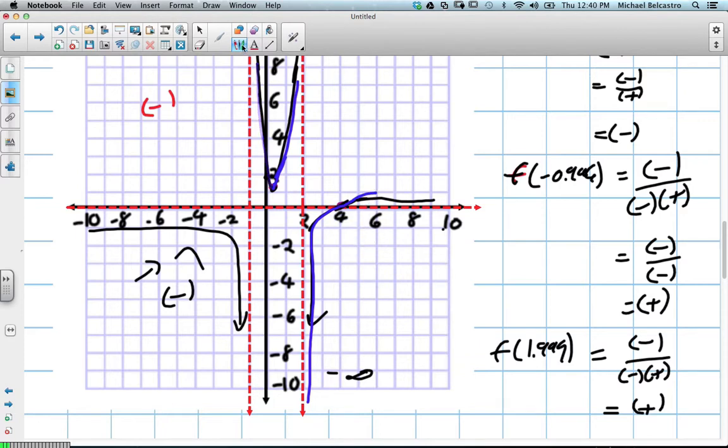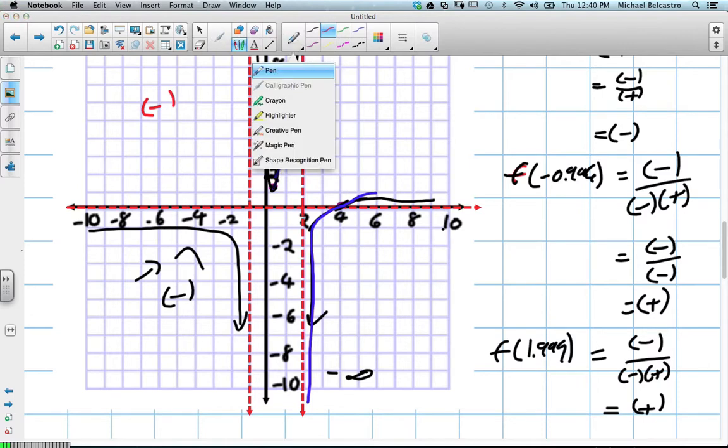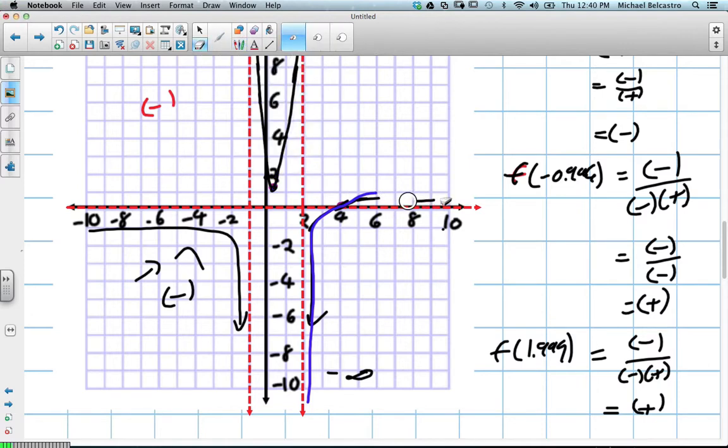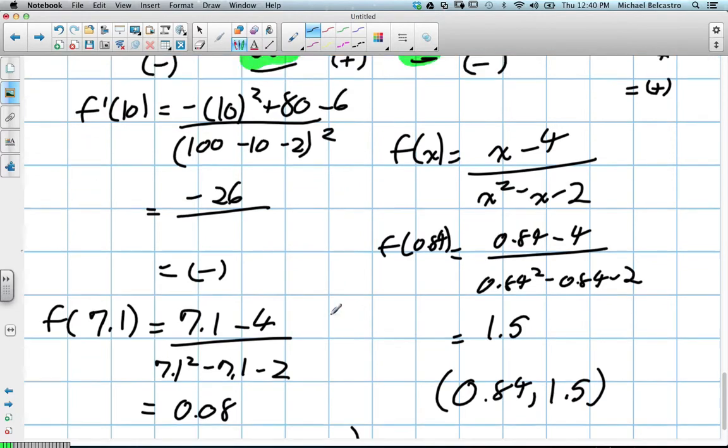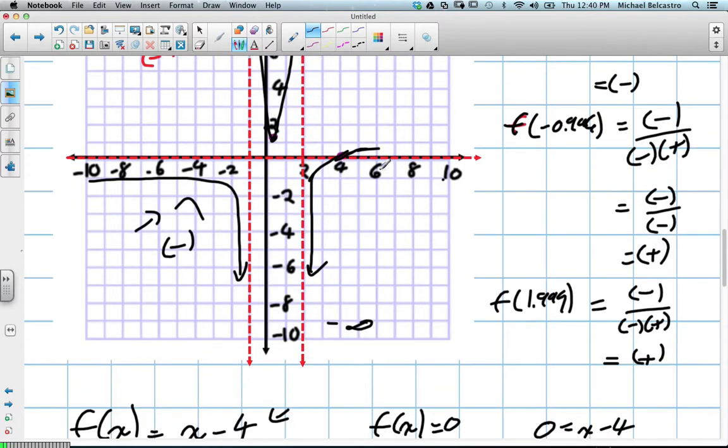And the other critical point was at 7.1 and, what did you guys say, 0.08? Oh, did I say the last time? No, 0.08. Okay, so that's okay. So 7.1, which is around here, and 0.08 is really close to our x-intercept. So, again, I have to come through this x-intercept at 4, and I have to hit this point as being a point where it turns around.